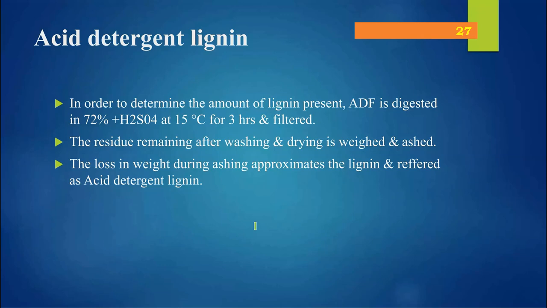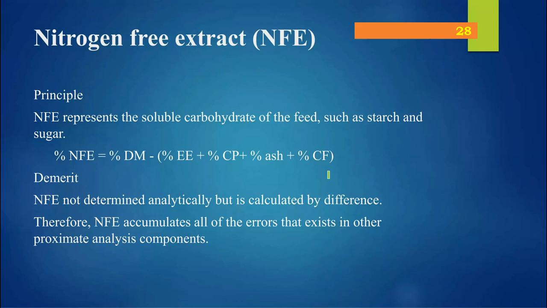Then, in order to determine the amount of this lignin, acid detergent fiber is digested to the extent of 70%, then 3 hours have to be taken, then we need to especially dry the sample for the easy calculation of acid detergent lignin. When the loss of weight is always during the action process, that is the lignin and effective.